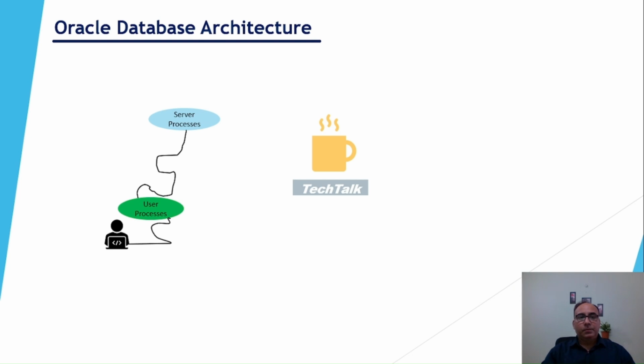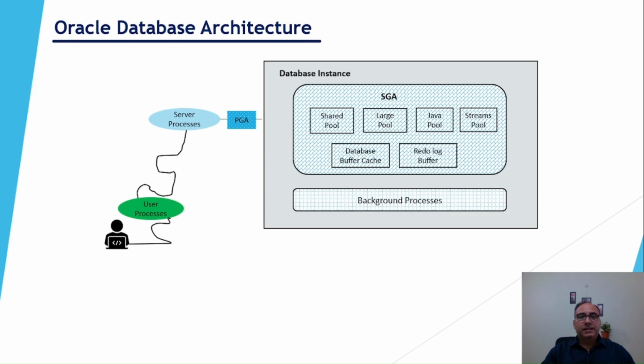User processes can be initiated from any application, or maybe some console like SQL*Plus. Whatever request the user initiates, it will go to server processes. Then these server processes interact with the database instance.